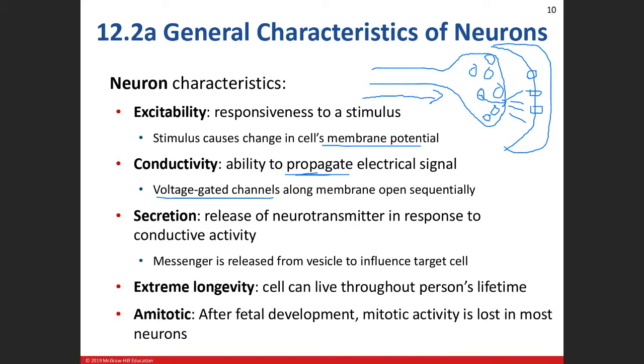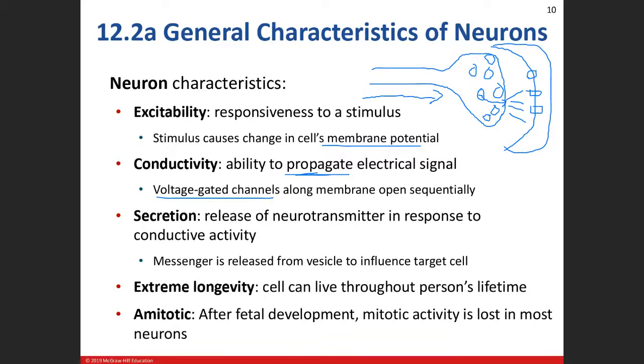The longevity of a neuron: pretty much the moment you're born, the nerves that you have are the nerves you'll have for the rest of your life. They stay with you throughout your whole life. Neurons are what we consider amitotic. They don't divide. Except, there are always exceptions to the rules.